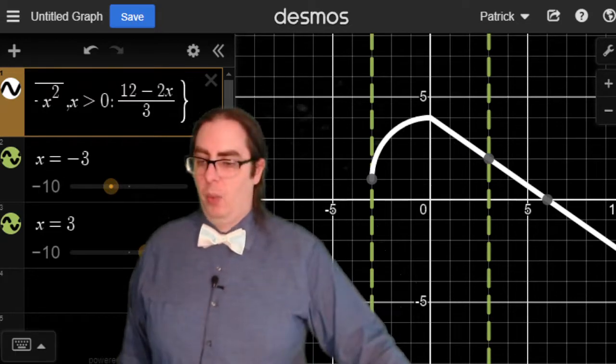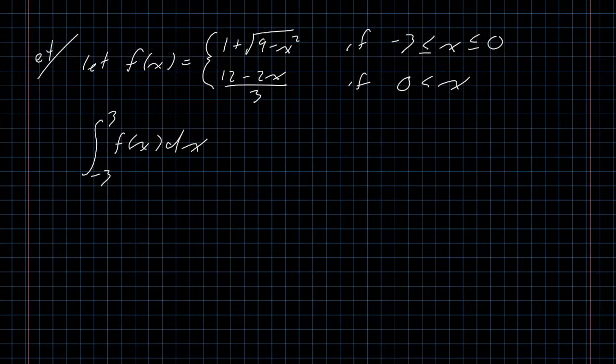Get my head back out of the way, go back to my notepad, and I'm going to draw this shape as carefully as I can. And I'm going to divide the shape up into those 4 pieces.